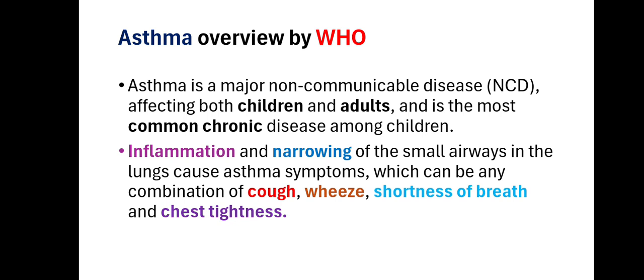Okay, so now let's have an overview of asthma by the World Health Organization, specifically 2025. This is an updated version of the thought of the World Health Organization on the condition called asthma. Asthma is described to be a major non-communicable disease affecting both children and adults, and it is the most common chronic disease among children.